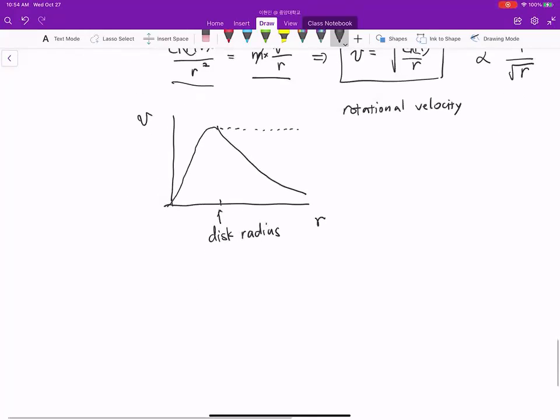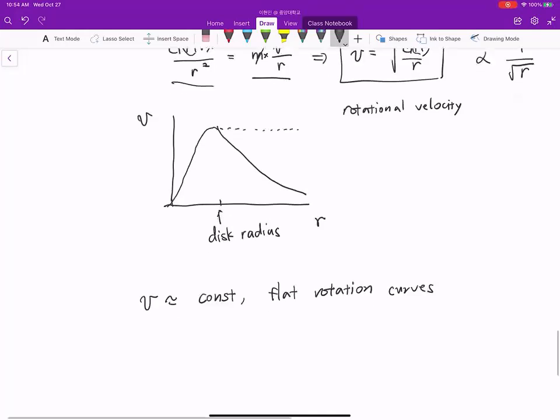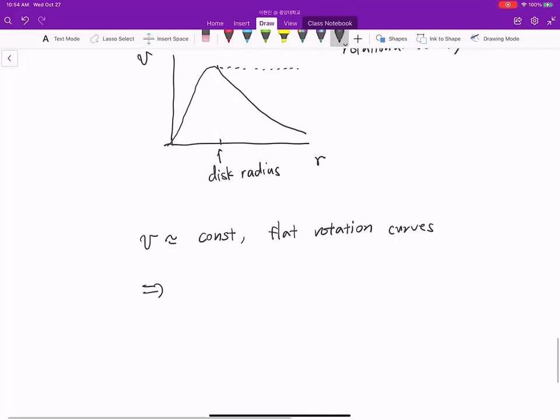So therefore, the velocity curve becomes saturated. Because of that, the M, a function of the radial distance, should be proportional to radius.